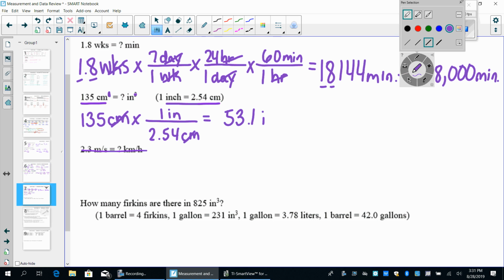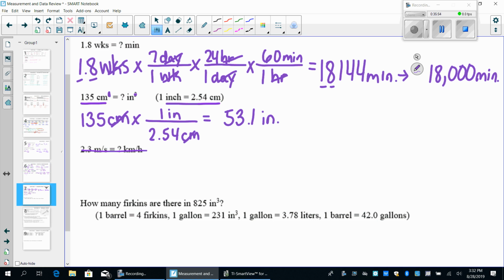inches. All right. Now, the bottom one is just kind of showing you how you can go through random units, even if you are not really familiar with them, because eventually you will get to some conversion factors you're not familiar with. So always start with what you have, which is 825 inches cubed.